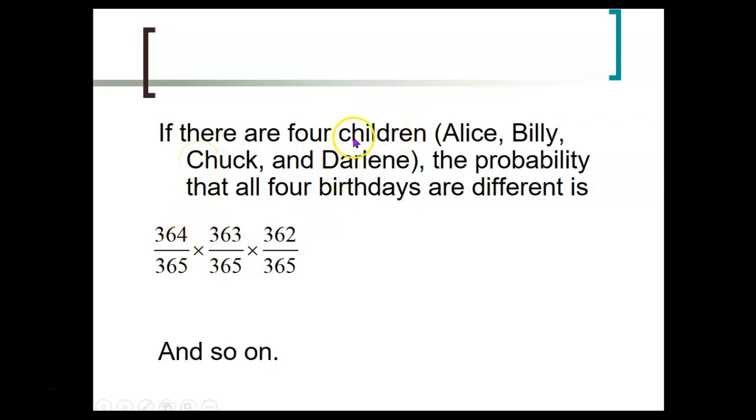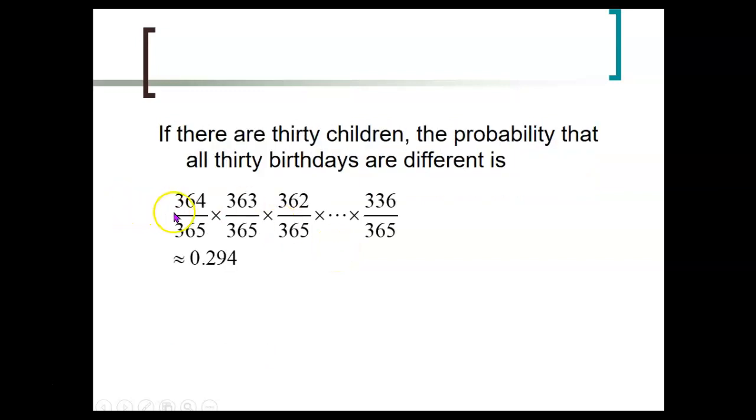And so on. Each time we have one more kid, we multiply on one more fraction in this pattern. So by the time we've got 30 children, the probability that all 30 birthdays are different would be a whole bunch of these fractions multiplied together, ending with 336 over 365.